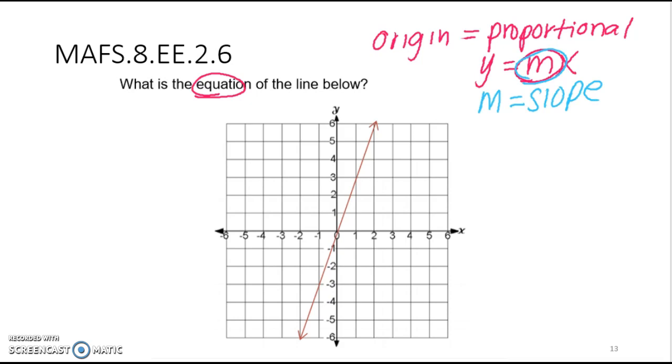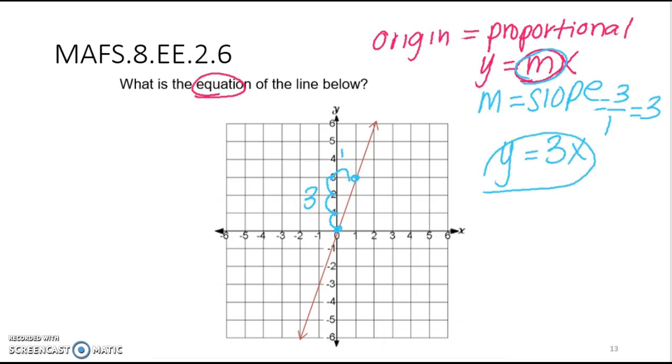So all I need to do is find the slope of the line. We picked 2 points on that line. Our rise is 3, our run is 1, so our slope is 3 over 1, which is 3. So my equation is y equals 3x, and bam, we're done with that one.